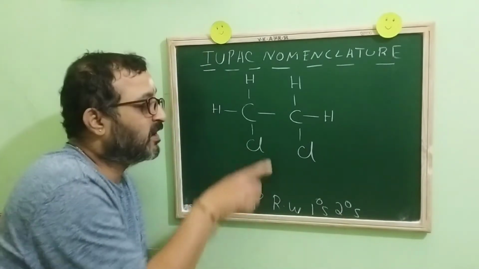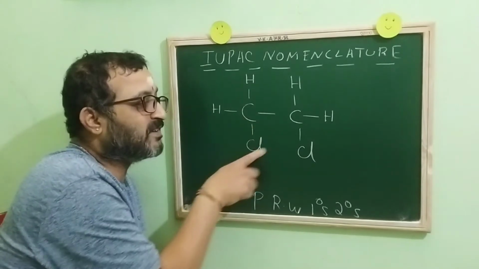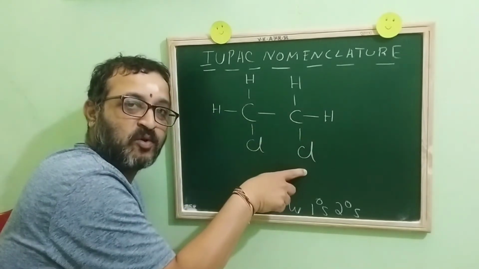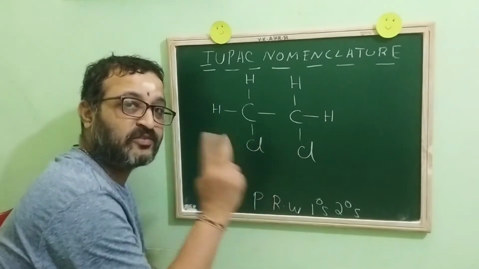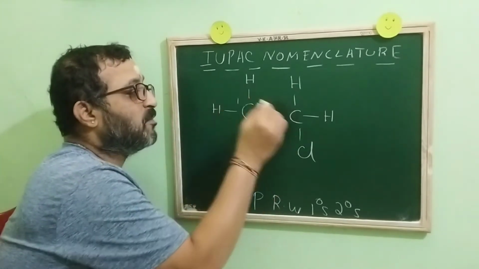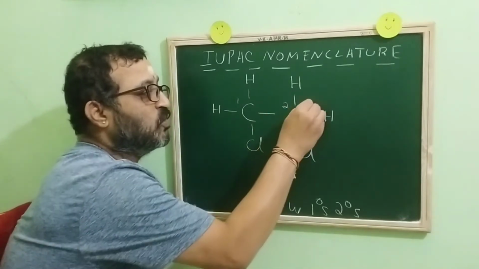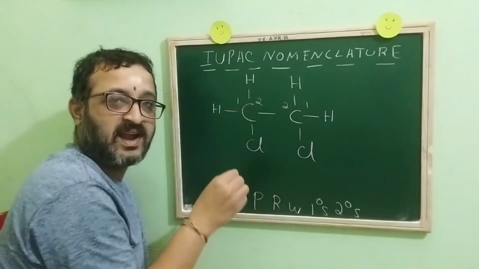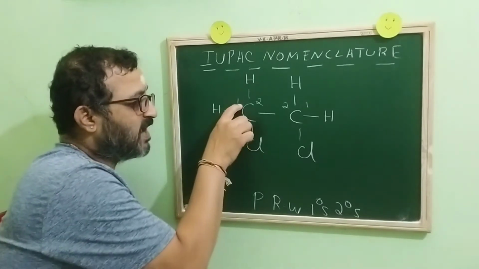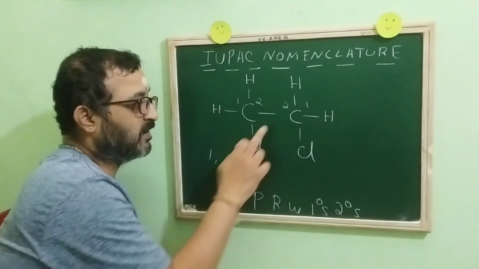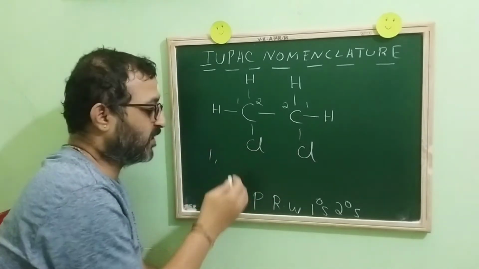Now, prefix. To this carbon, one chloro is attached. To this carbon, one more chloro is attached. So, altogether how many chloros? 2. So, I will number this as 1 and this as 2, or the other way, anyway, it's okay. To the first carbon, chloro is attached, and to the second carbon, chloro is attached.